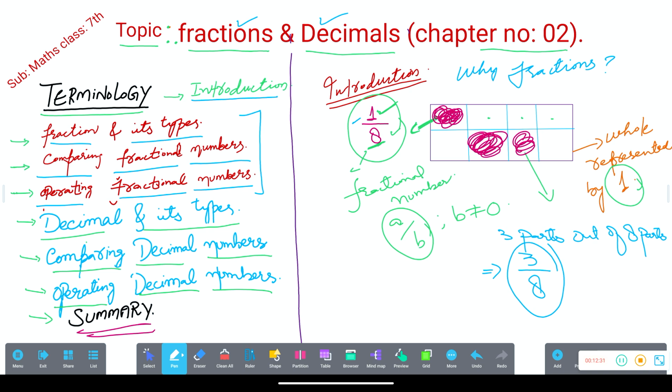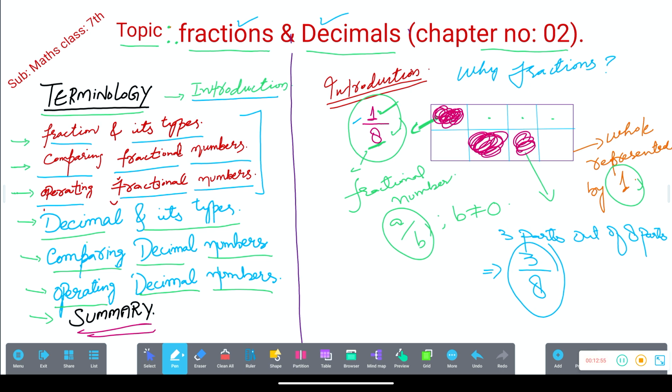Now, this is the reason why we need the concept of fraction. Fraction, in simple words, means a part of a whole. But remember, when you are talking about a part of a whole, it means you are dividing that whole into equal parts.